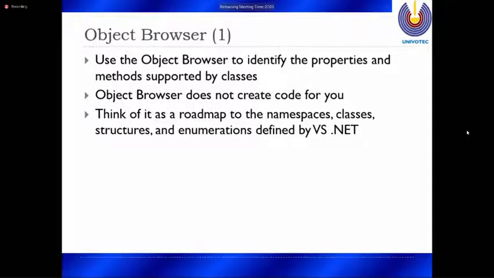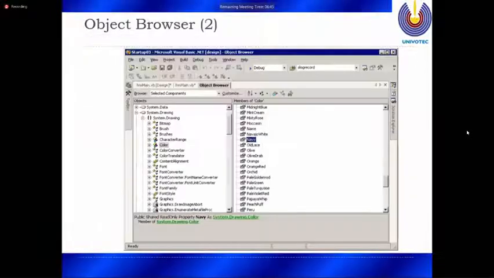Think of it as a roadmap to the namespaces, classes, structures and enumerations defined by Visual Studio .NET. It is a hierarchical roadmap. If you use a particular button, what are the properties there and what methods can you use?